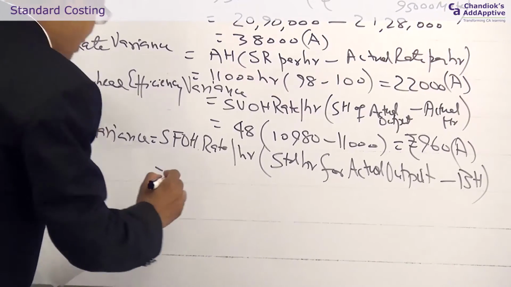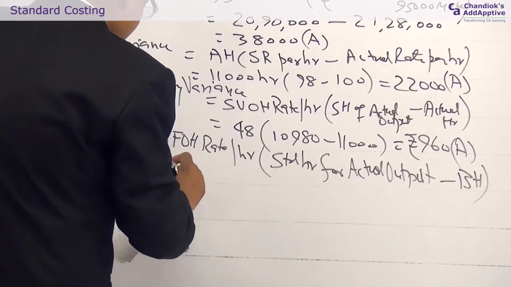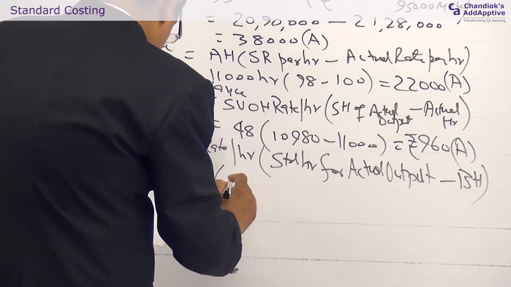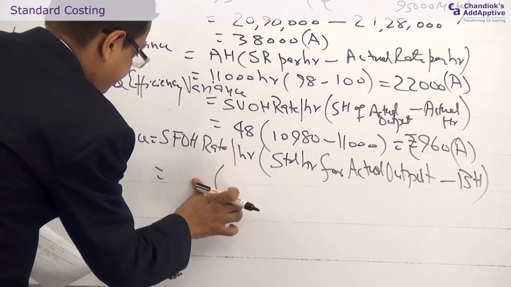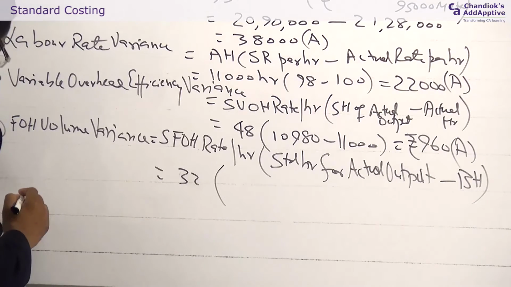Please fill in the values. The rate is 48 rupees, this is multiplied with the rate of 32. So, I believe you must have understood how we have done the bifurcation.